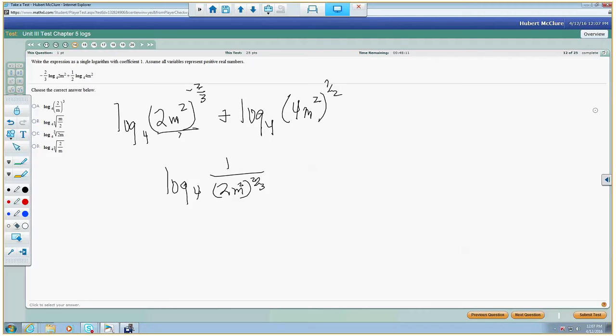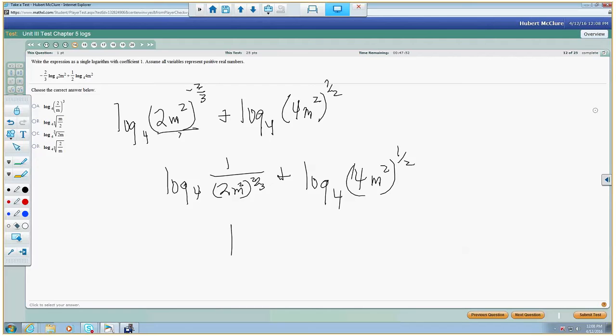This pen is not writing very well. Plus log base 4 of 4m squared to the 1/2.